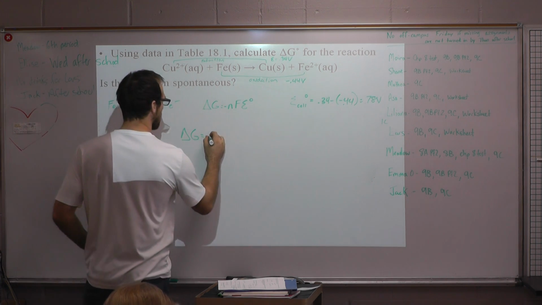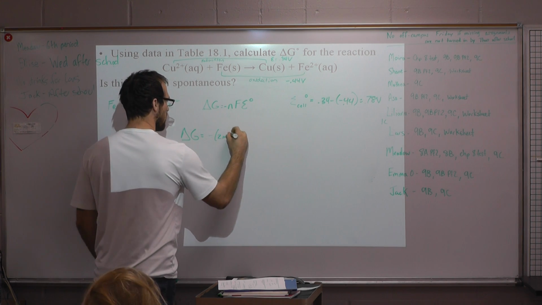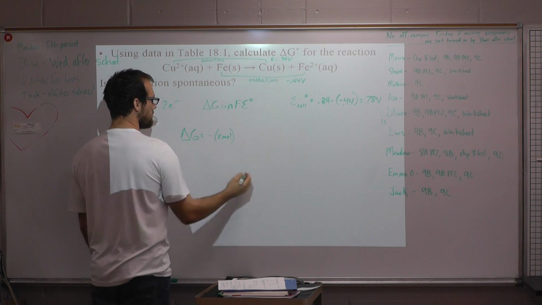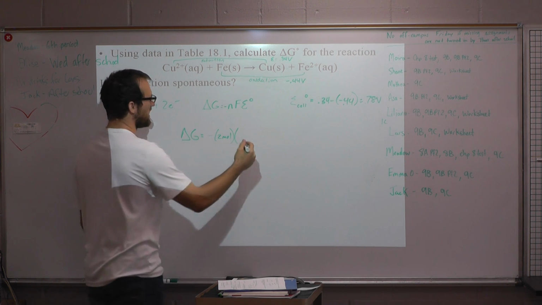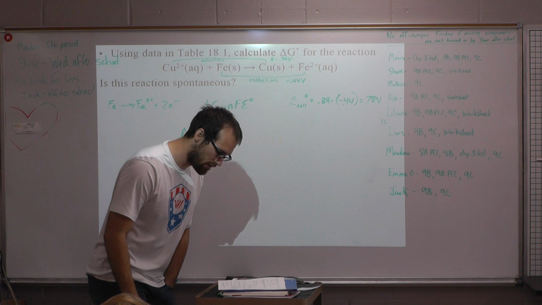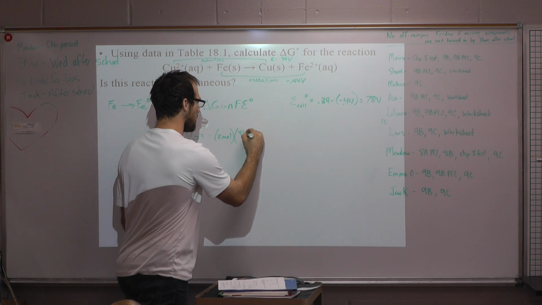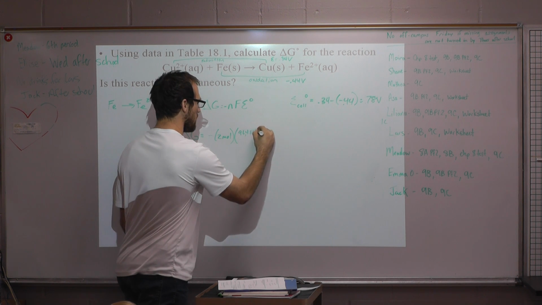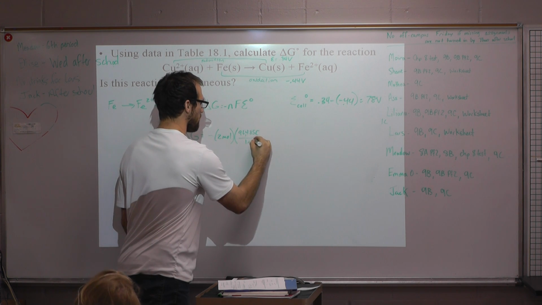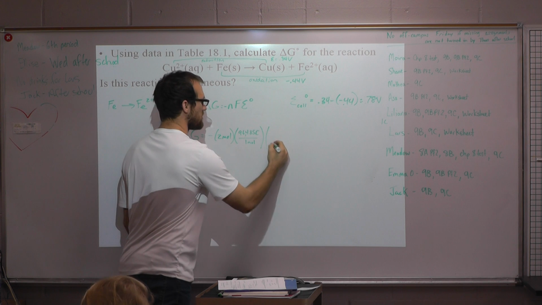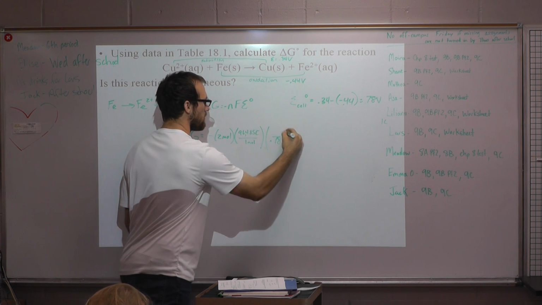So you would get negative 2 moles. And what do we say F was? I don't remember that number off the top of my head. 96485. And our cell potential is 0.78.